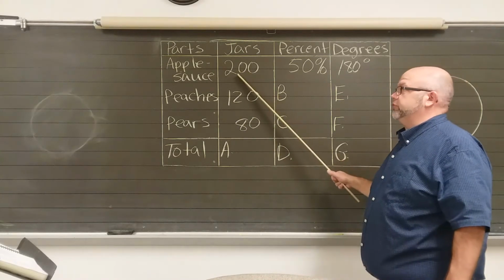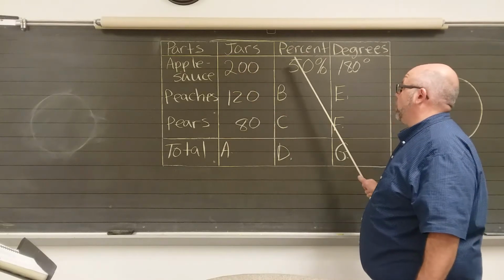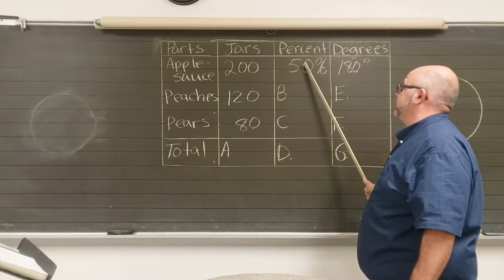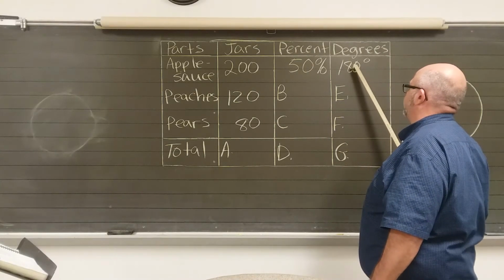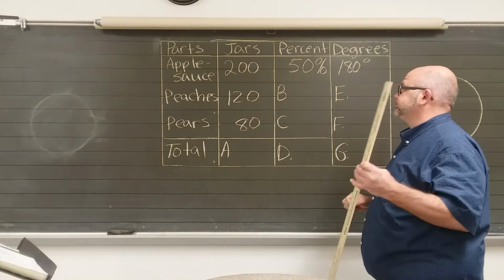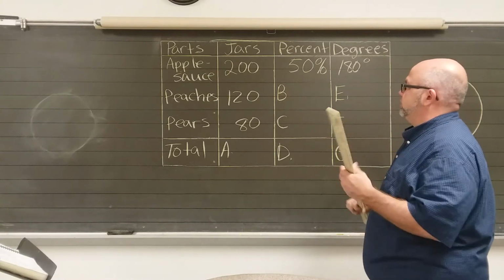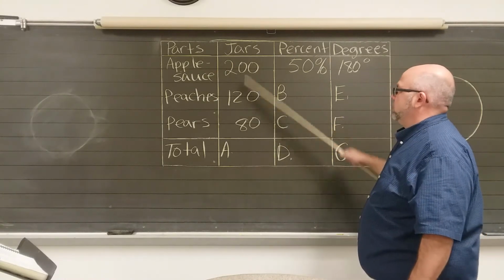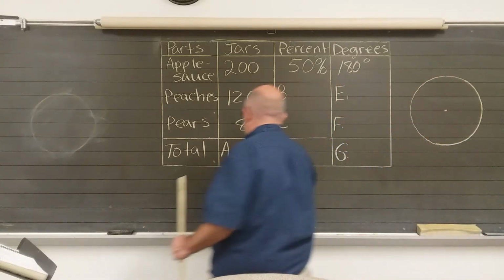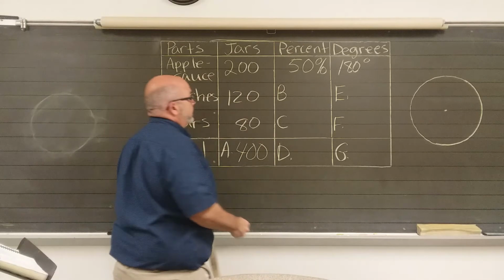The 200 jars of applesauce represent 50% of the jars, and on your circle graph it will be 180 degrees, right? Then here's your peaches, and you need to find the numbers. So total, add these up. You add these up, you get 400 jars altogether.